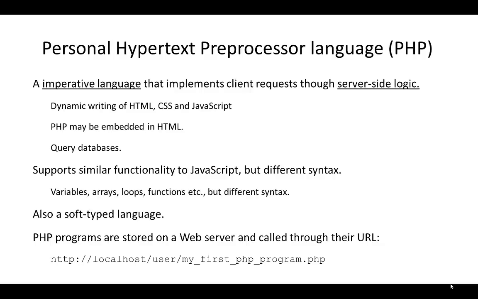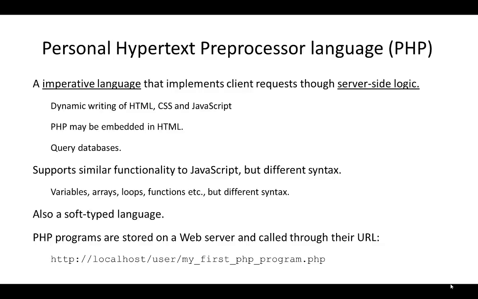Like almost all imperative languages, PHP has a similar set of commands and structures: loops, variables, conditional statements. It supports similar functionality to JavaScript, but it has its own idiosyncratic syntax.